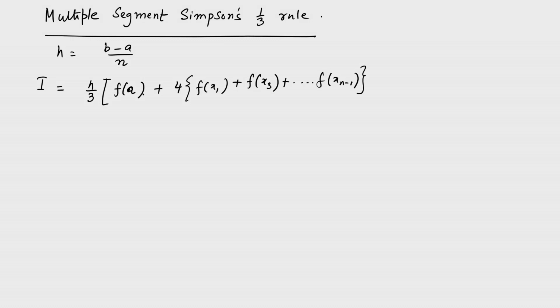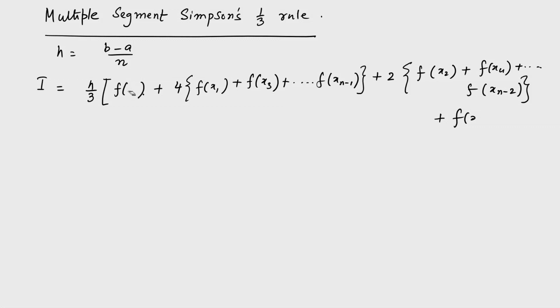These are the values of the function at all the odd sampling points, and twice the values at the even sampling points: f of x 2, f of x 4, and so on all the way up to f of x n minus 2, and finally f of x n, which is equal to b.